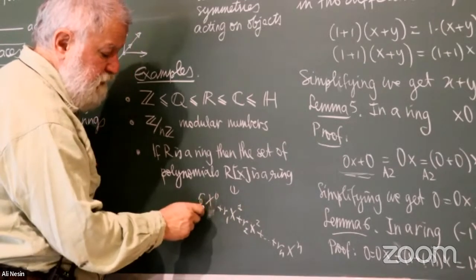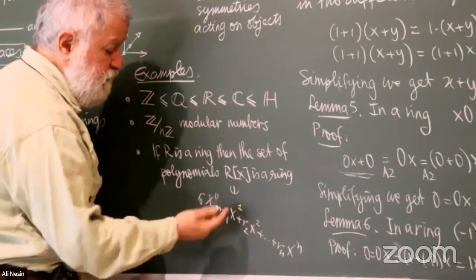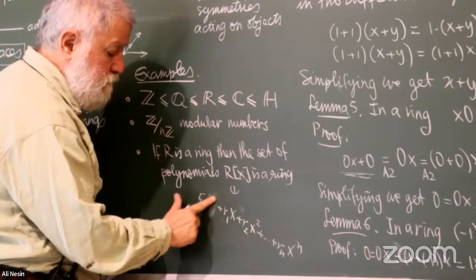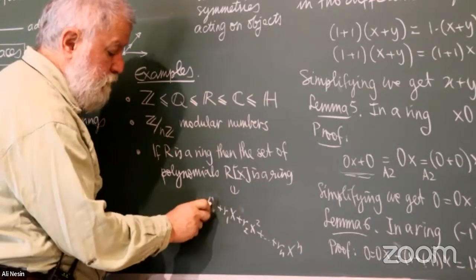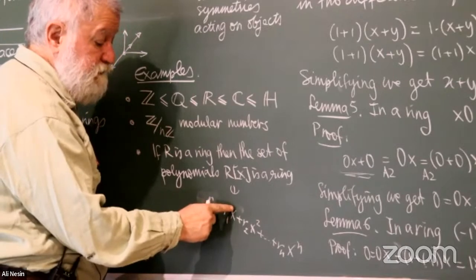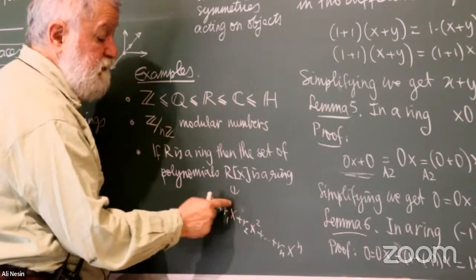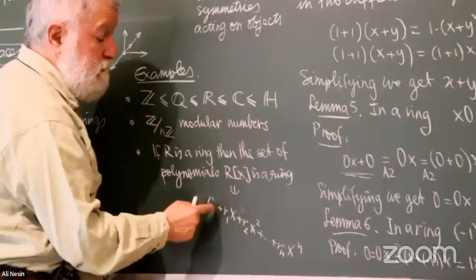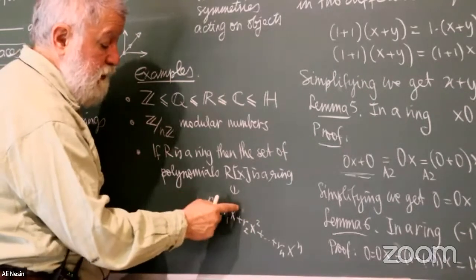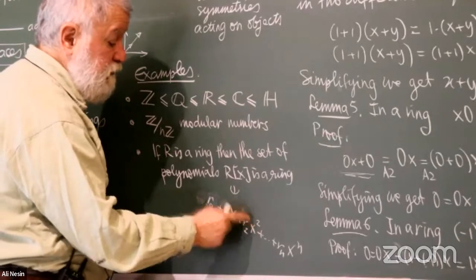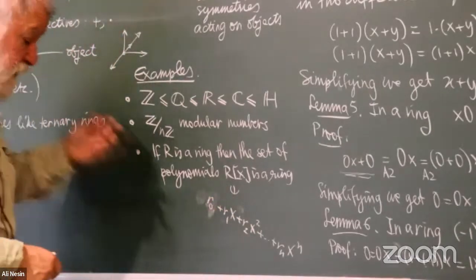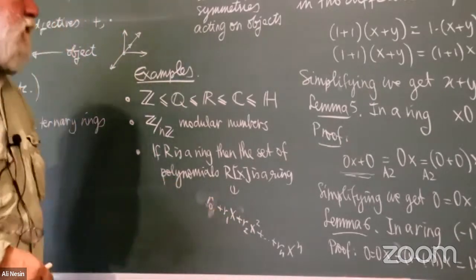But we don't write x to the 0, and instead of x to the 1, we write only x. You cannot have rational exponents here. You must have natural numbers: x to the 0, x to the 1, x squared. You cannot have square root of x, and you cannot have something in the denominator.